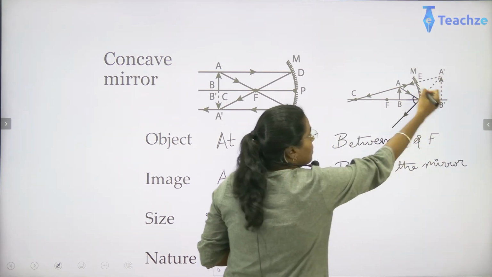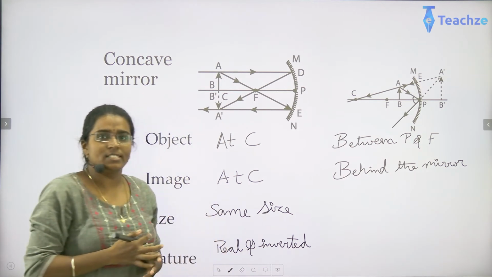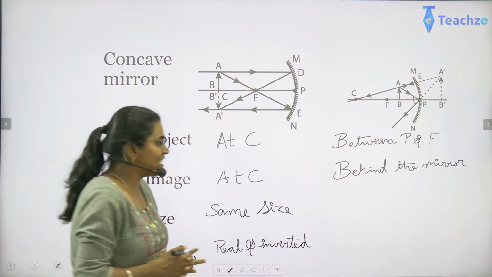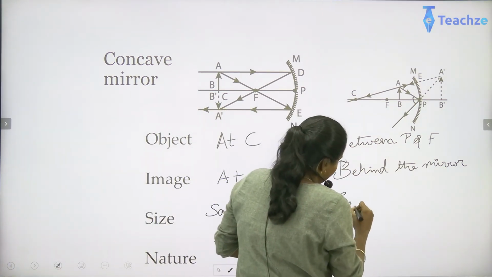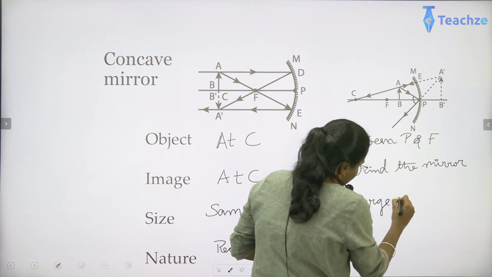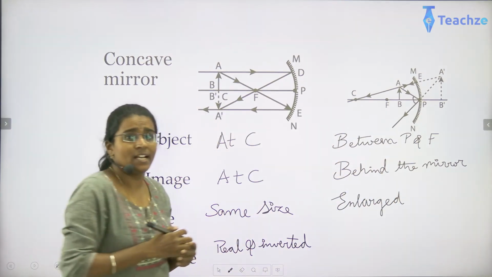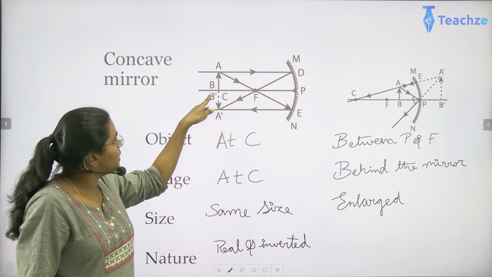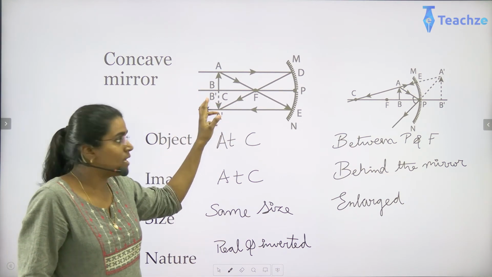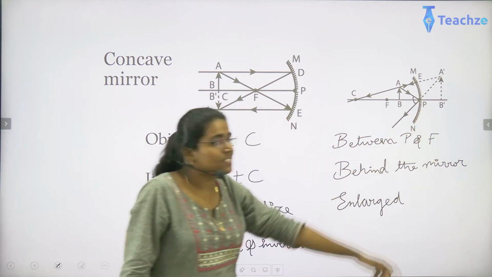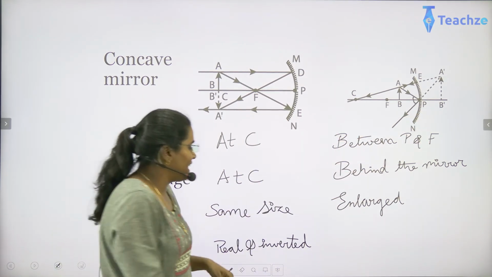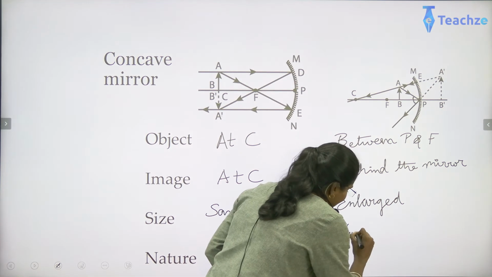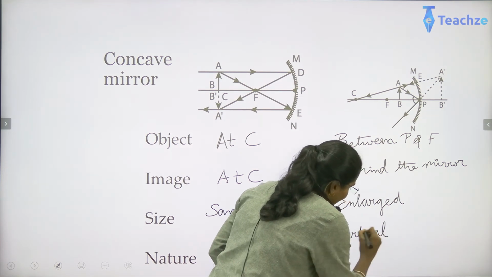What can you see, the image and the object size? Good, it is enlarged. And can you see the difference? I have drawn the real and inverted image like this, but the image here is virtual and erect. Good. It's virtual and erect.